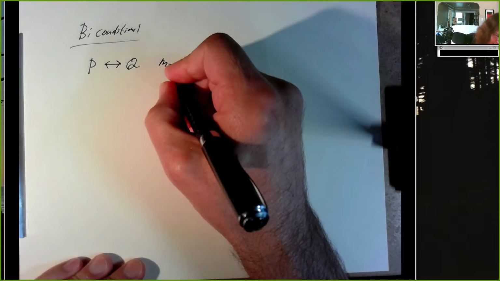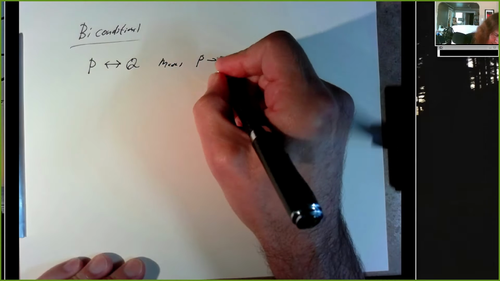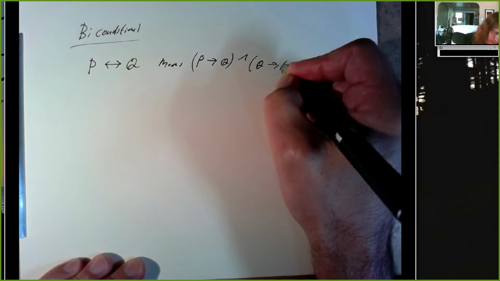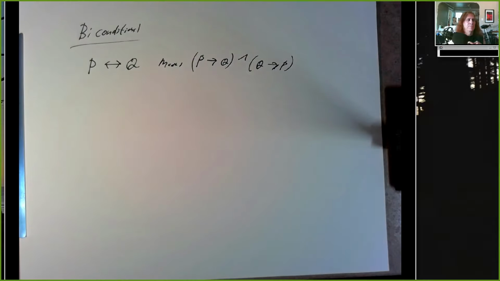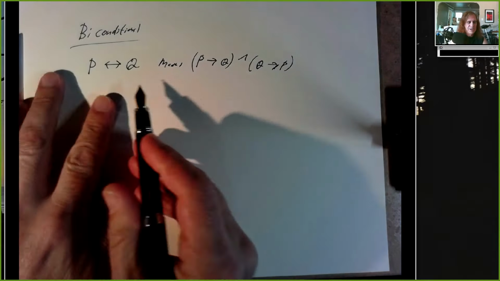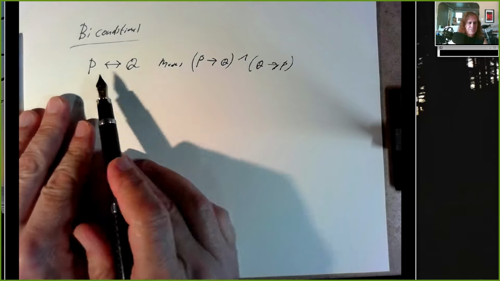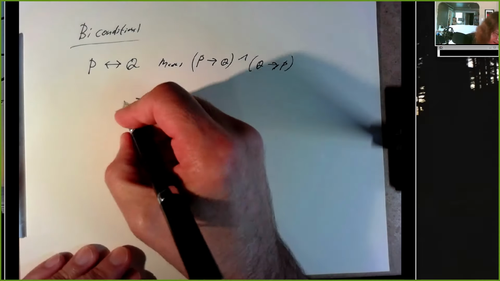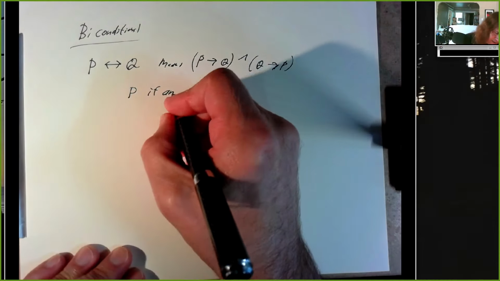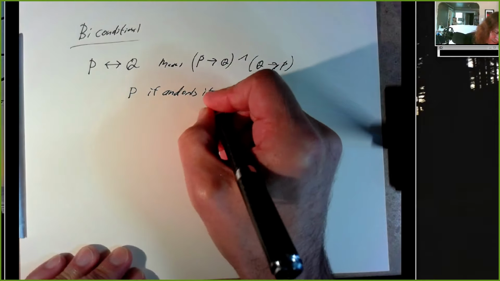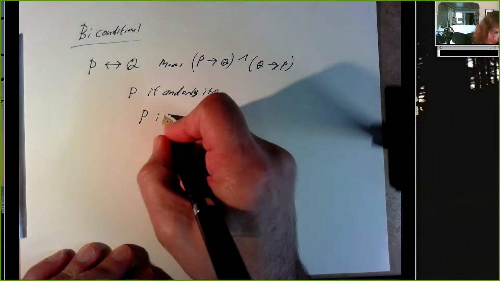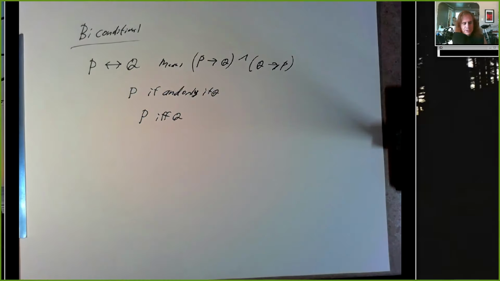And this is a shorthand for saying if P then Q and if Q then P. So it's a two-headed arrow, and it's basically saying if P then Q, if Q then P. And we can also interpret this as saying P if and only if Q. And we'll abbreviate if and only if with IFF.